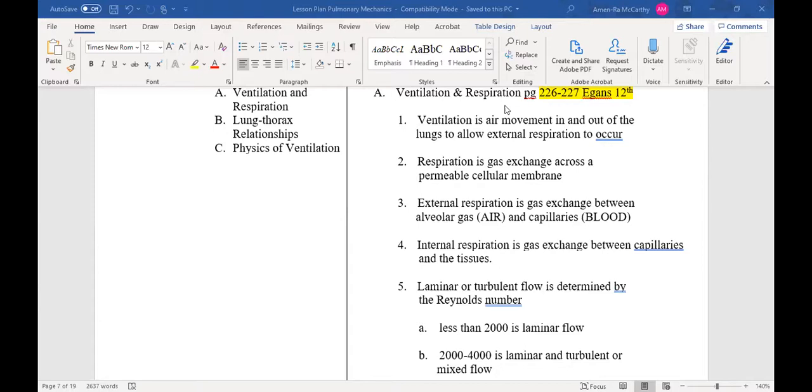Can you repeat the question again? Okay, the question is, respiration is gas exchange across a permeable cellular membrane. I want to know what would be that permeable cellular membrane, or what would it be made up of as respects to external respiration?